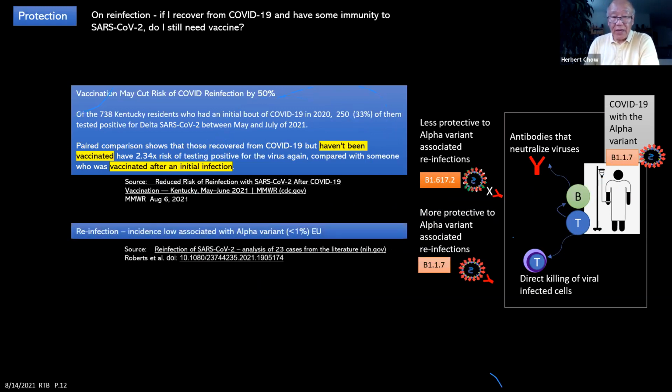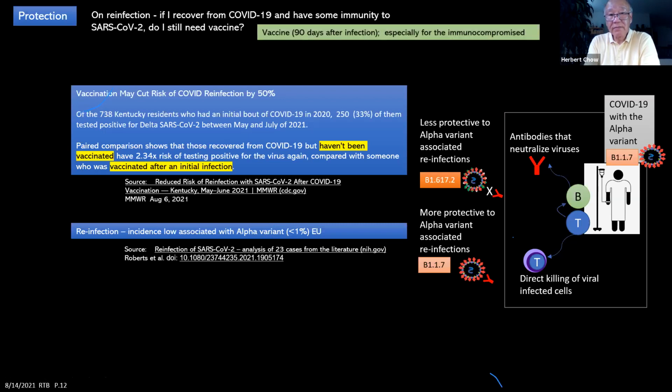In this particular case, breakthrough infections are mostly by alpha, and you in fact see that the antibodies are controlling the alpha reinfection. There's only less than 1%. So it tells you the vaccine does work. The variant does erode the immunity. Hopefully it doesn't erode it so severely that we lose our protection.